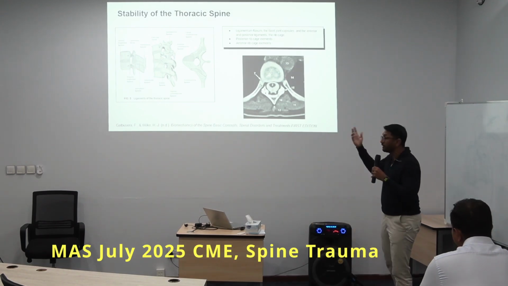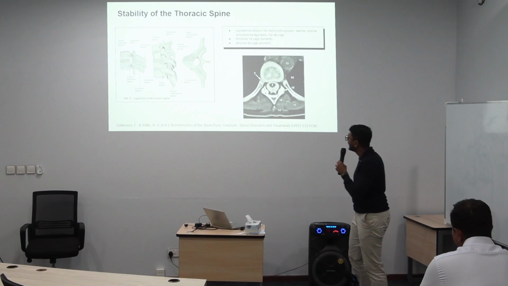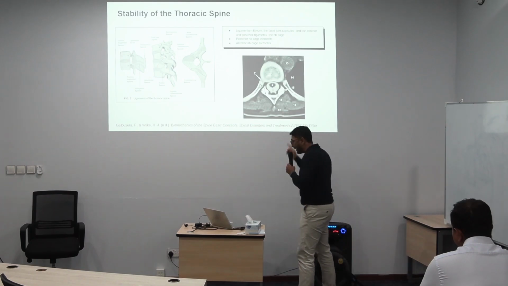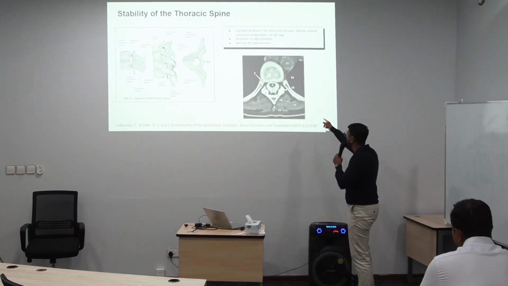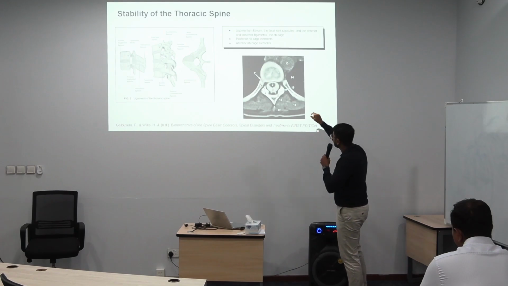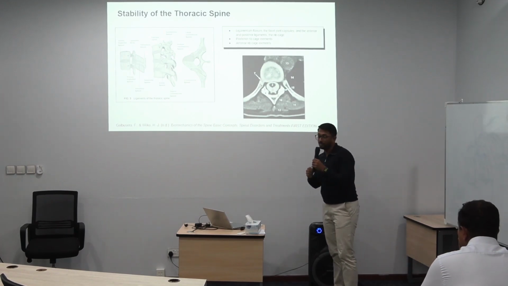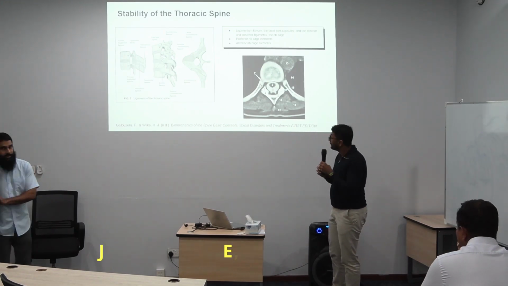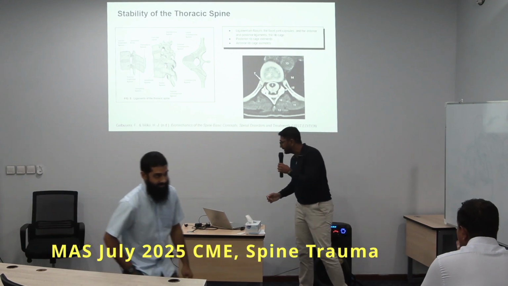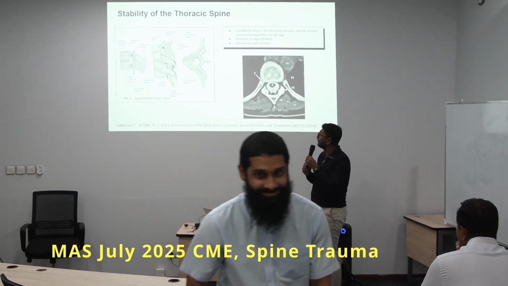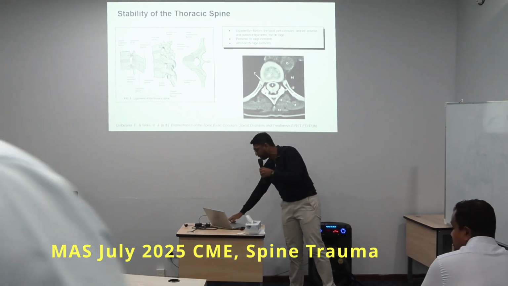The sternum itself, although indirectly, acts as a shock absorber. We have a CT axial cut where you can see the costovertebral joints. It's important in trauma to identify this section because whenever there's an associated rib fracture, we also have to think about the dorsal spine.